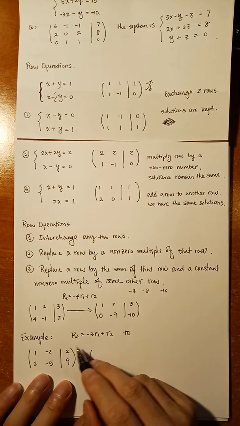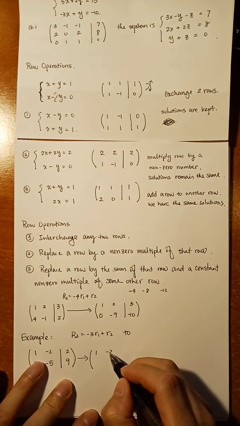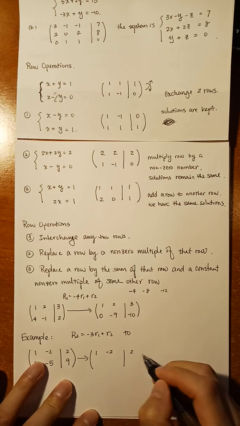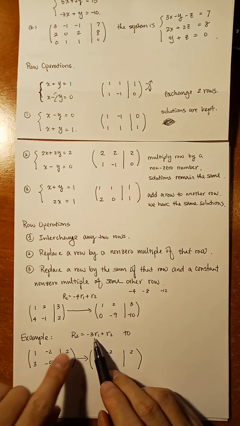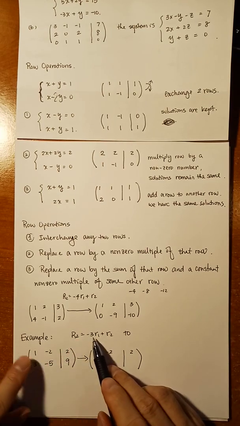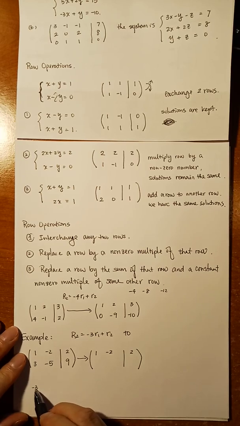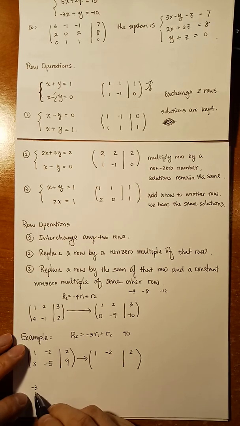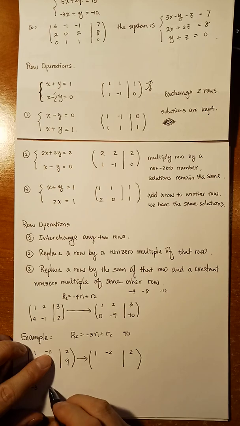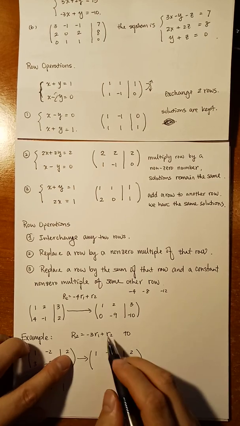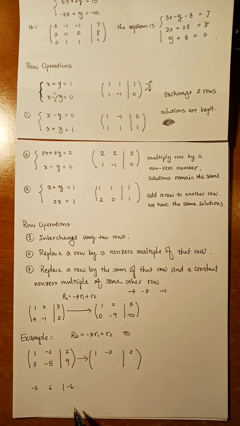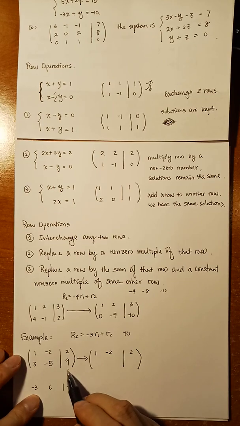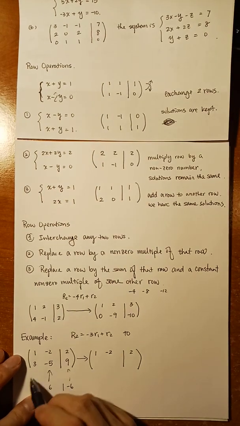The first row is unchanged, so let's just copy it. The operation means we multiply the first row by -3. 1 times -3 is -3. -2 times -3 is 6. 2 times -3 is -6. And then we add them to row 2.